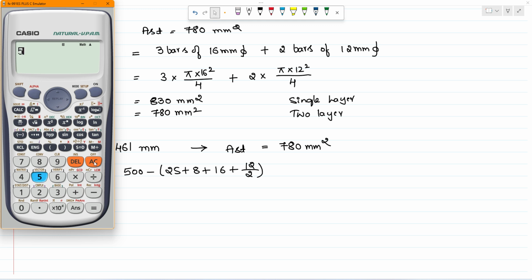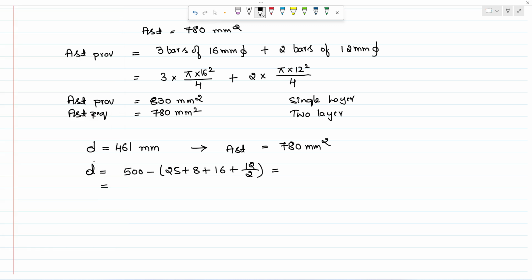So 500 minus 25 plus 8 plus 16 plus 12 by 2, it is 6. So it will be 445 mm. So your effective depth is 445 mm.